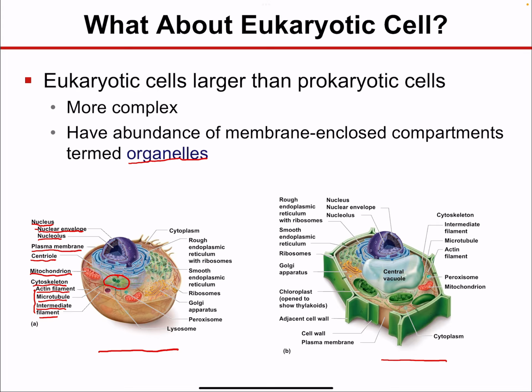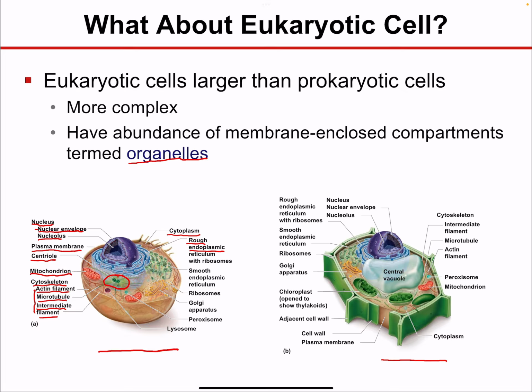We have, obviously, the cytoplasm, which is actually the semi-fluid substance in which all the organelles are going to bathe, right? We have the endoplasmic reticulum, including the rough endoplasmic reticulum that has ribosomes attached to it, okay?